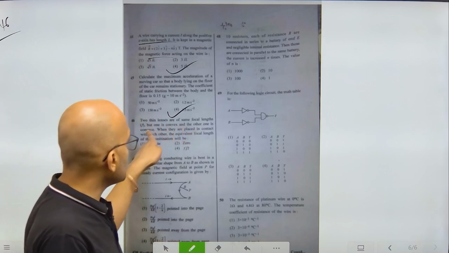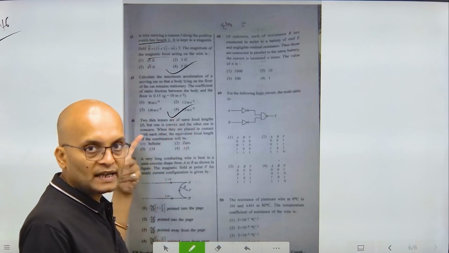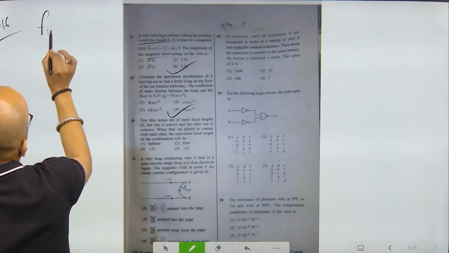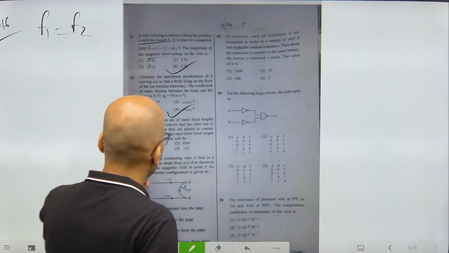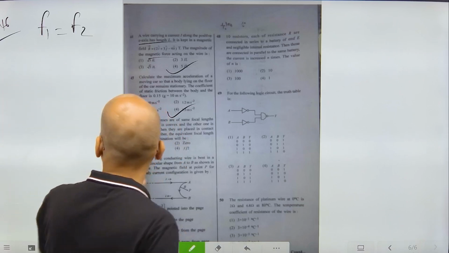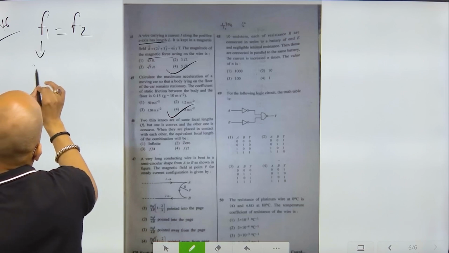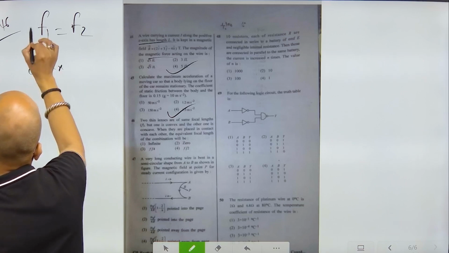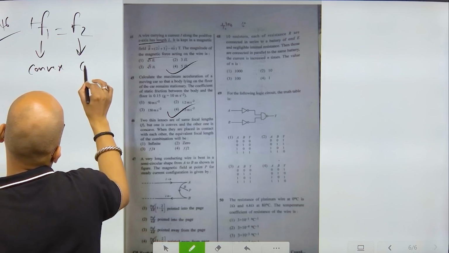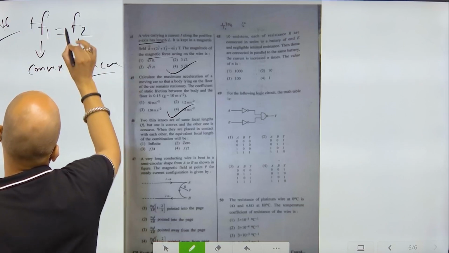Two thin lenses of same focal length. Okay, focal length is same, that means f1 is equal to f2. But one is convex, other is concave. If this is convex, its focal length is positive. It is concave, that means its focal length is negative.